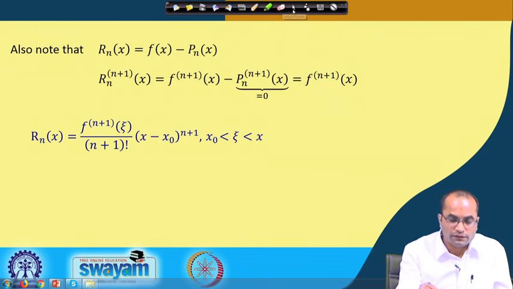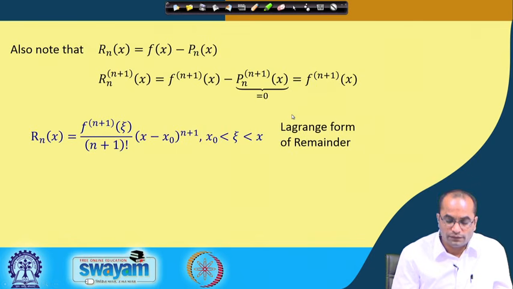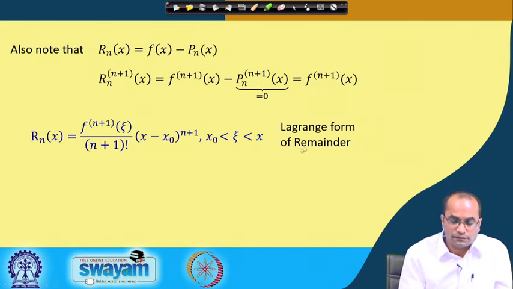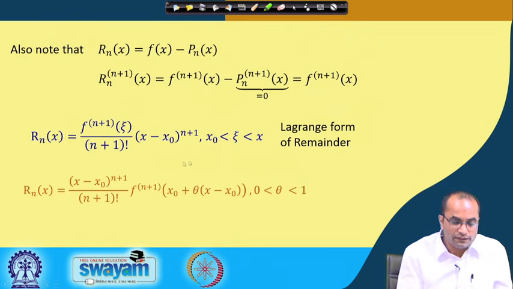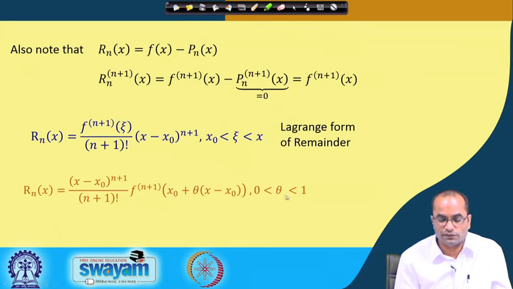Now we got the remainder term, R_n(x), which is the Lagrange form of the remainder. We can also rewrite this remainder in another form. This xi which appears there, we have just replaced by x_0 plus theta times (x minus x_0), where theta lies from 0 to 1.